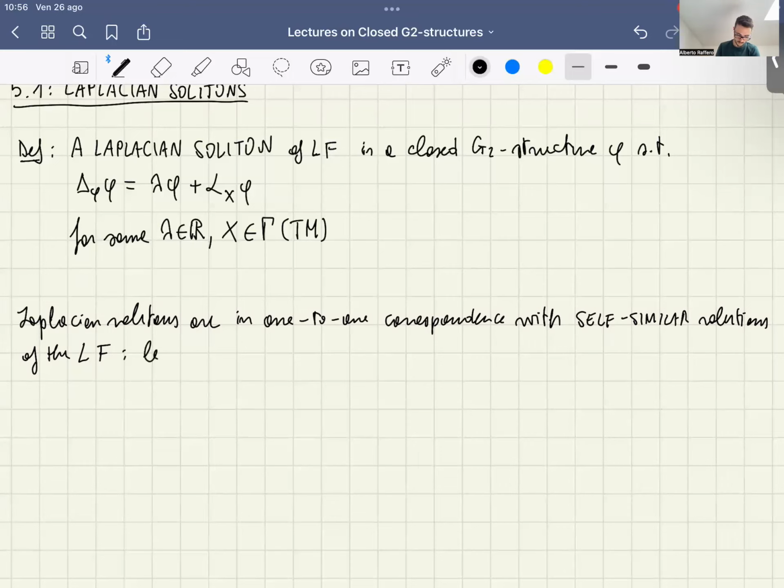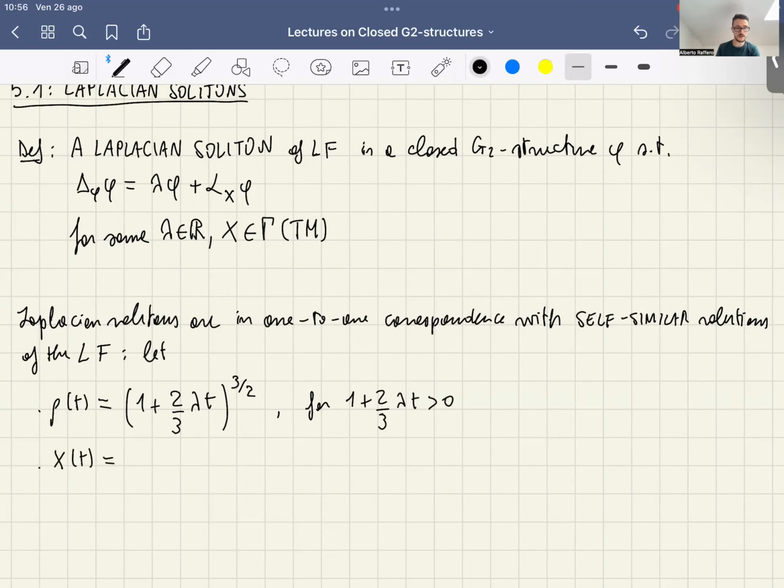In fact, let rho t be the function defined as (1 plus 2/3 lambda t) to the power of 3/2, so it is defined for 1 plus 2/3 lambda t greater than 0. You consider the time-dependent vector field X_t given by rho t to the minus 2/3 times X, where X is the vector field here, and of course this lambda is the same as here.